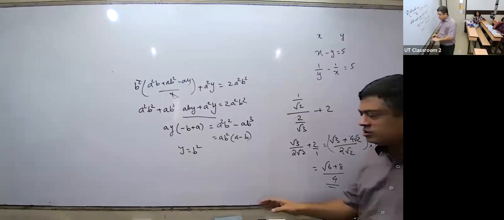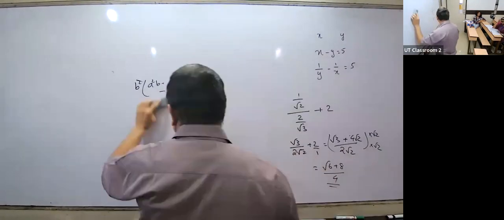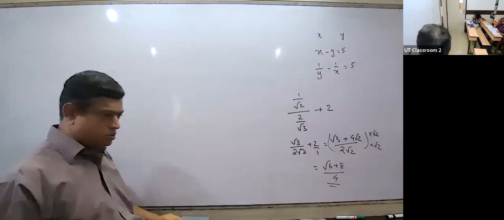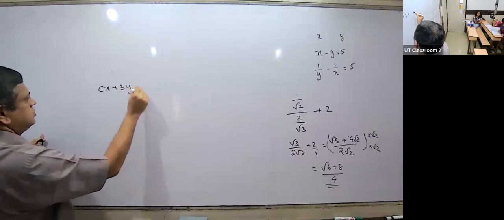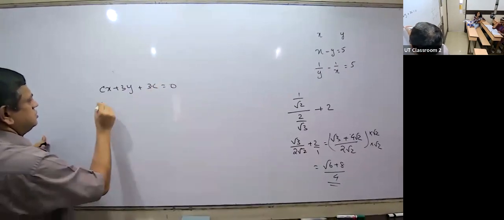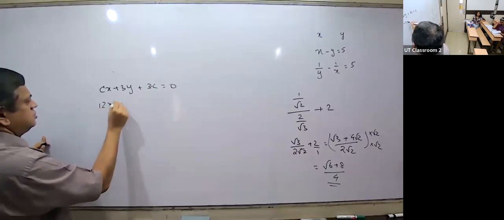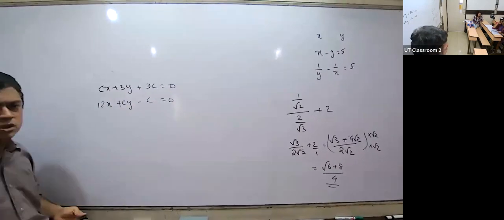Find c in the system of equations cx plus 3y plus 3 minus c equals 0 and 12x plus cy minus c equals 0 which has infinitely many solutions. Find c. So a1 by a2 equals b1 by b2 equals c1 by c2.